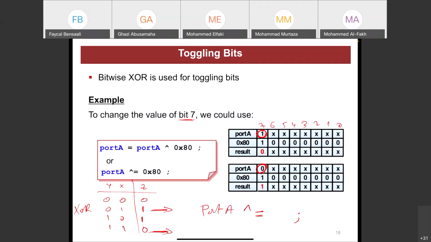I want to toggle bit 0 and bit 7 at the same time. 0x81, 0x81. Good. So I need to have 1 here, right? And 1 here. So this is 1, and this is 8. So 0x81. So if I do this, I will toggle 2 bits. Right.